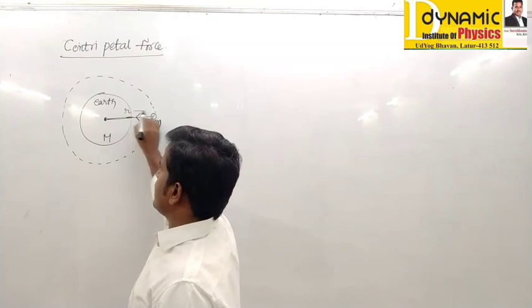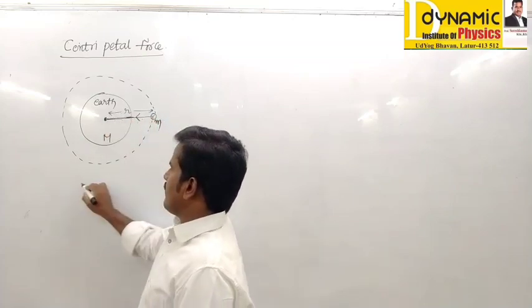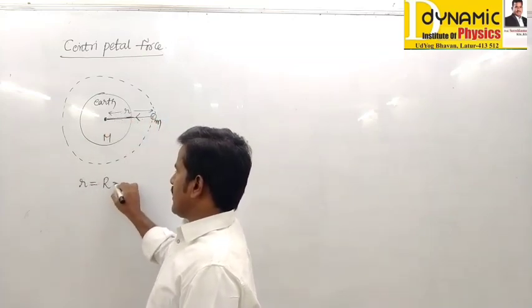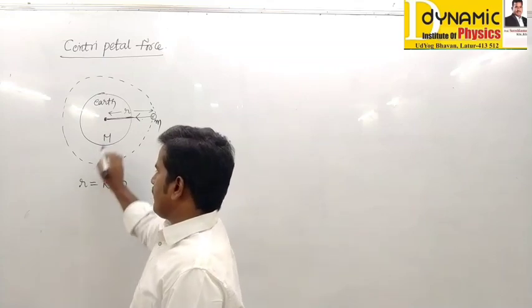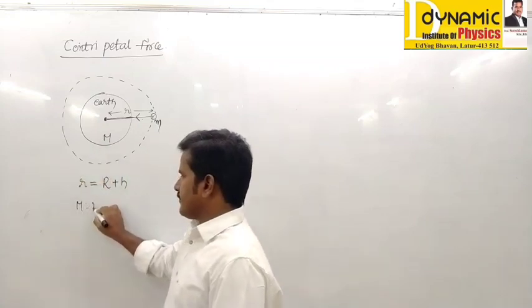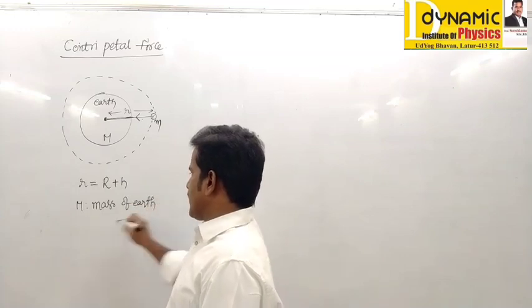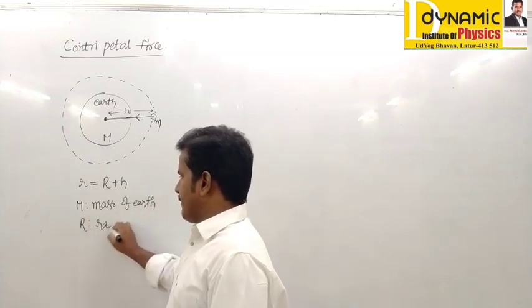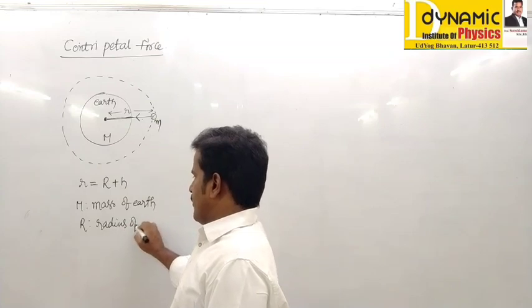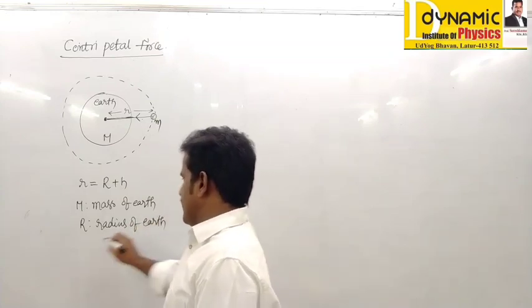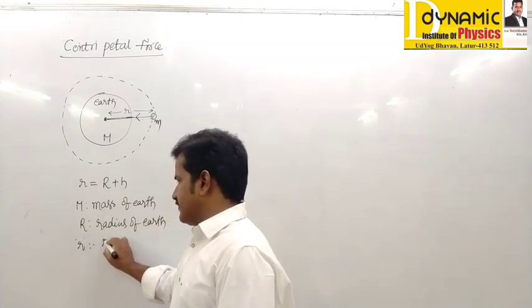So the distance is written as capital R plus H, where M is the mass of the earth and R is the radius of the earth. This is the radius of the orbit.